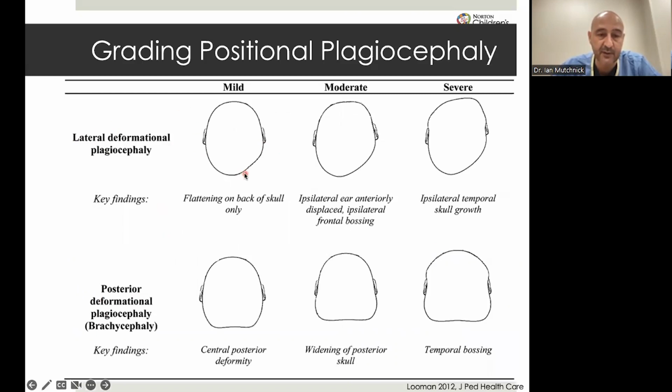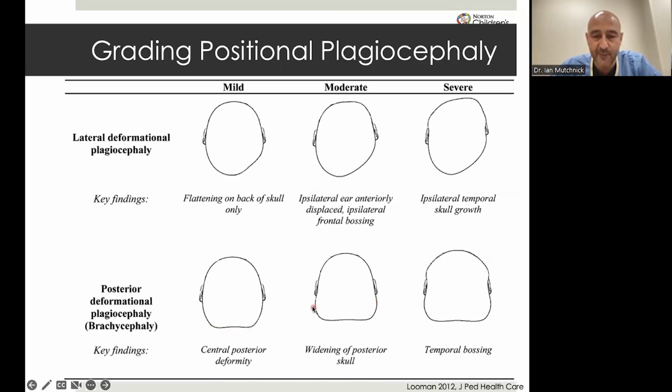For lateral, a mild is just flattening on the back of the skull. Moderate is the ear has been pushed forward ipsilaterally. And a severe is there's ipsilateral frontal bossing. For posterior deformational plagiocephaly, it's just flattening in back for mild.